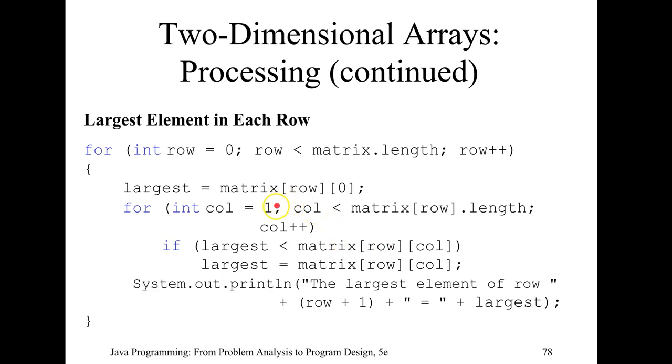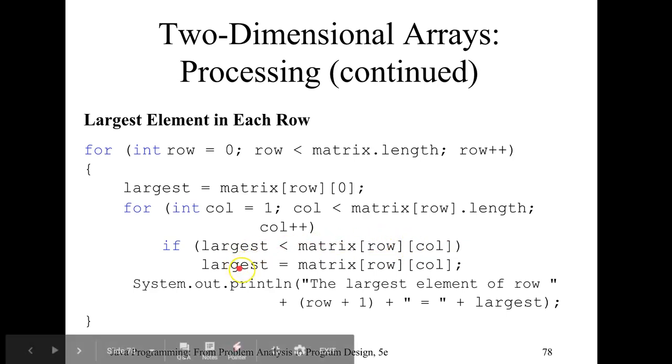That's something that will be done in more refined code. But just assuming we're looking for the largest element in a row, we start at the next column and do a simple comparison. Have we found something bigger than the first one? If largest is less than where I'm at in the row and column, then I will assign largest to be that value.